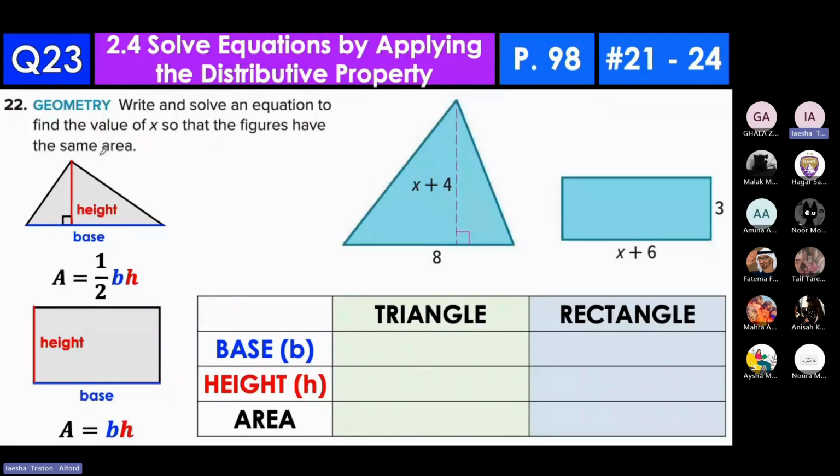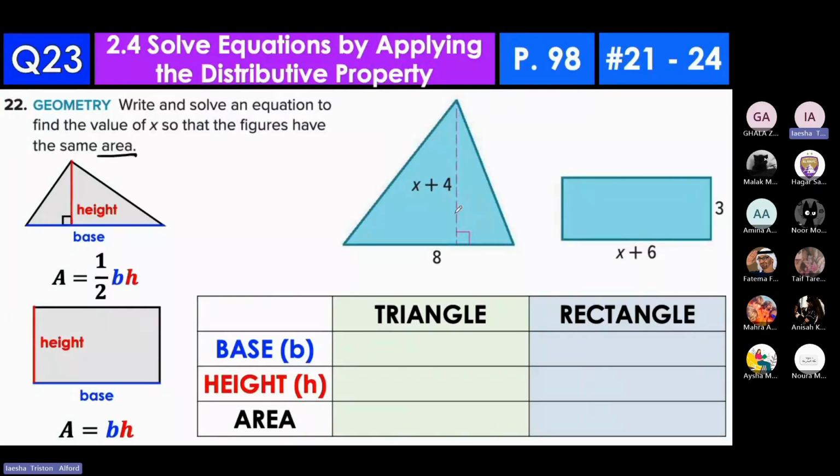In this one, they said area, so we're going to multiply. They said they're going to ask area, but I want you to be prepared in case they ask for perimeter, okay? Because sometimes they like to do a trick. So we're going to solve the ones they said to solve, but I did show you how to do perimeter in this video in case you see it on Monday.